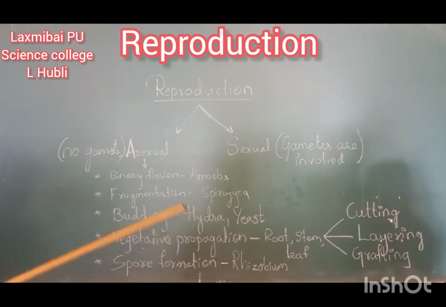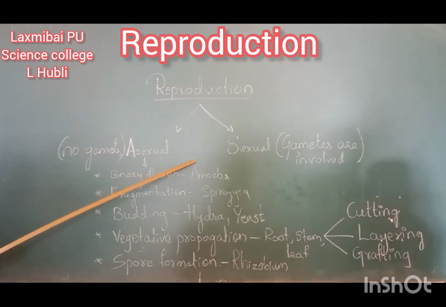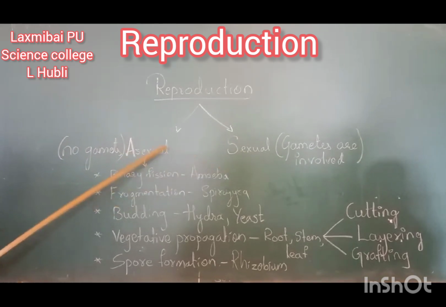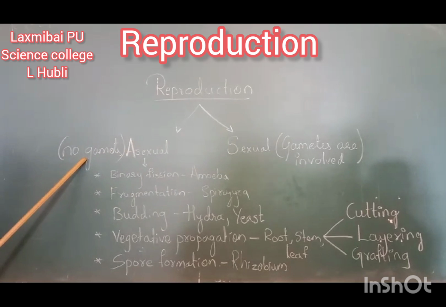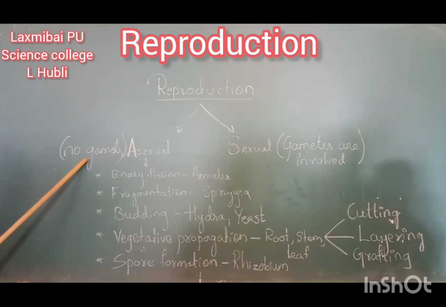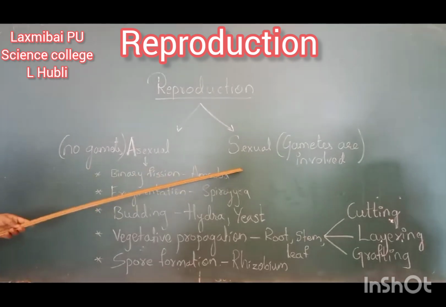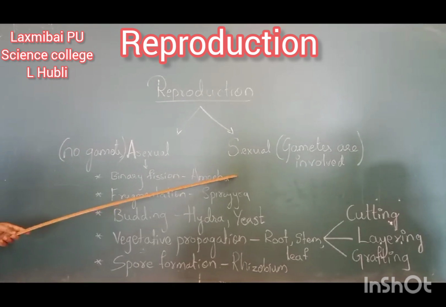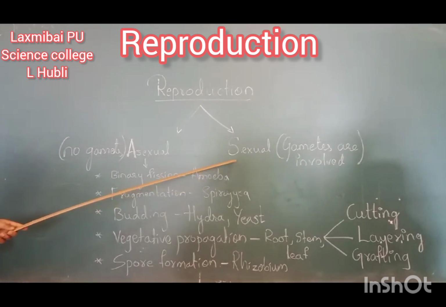So, as you know, reproduction is divided into two parts, that is asexual reproduction and sexual reproduction. In asexual reproduction, there is no need of gametes, means the organism itself will divide. Yes, the organism itself will reproduce. But in sexual reproduction, we need gametes, that is both male and female gametes are involved.